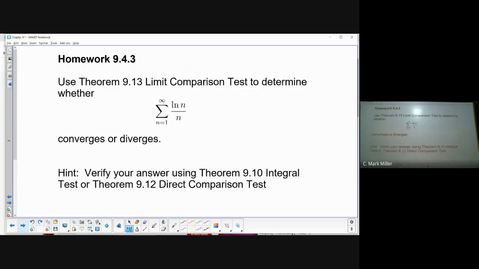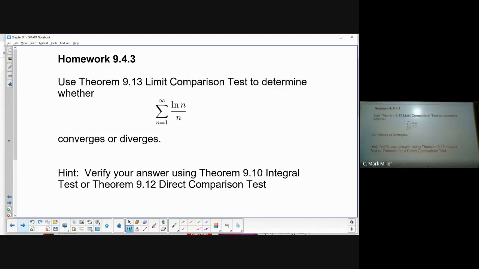Here is some homework. Use the limit comparison test to determine whether this converges or diverges. And as a way to review for your pedagogic edification, verify your answer using the integral test or the direct comparison test.